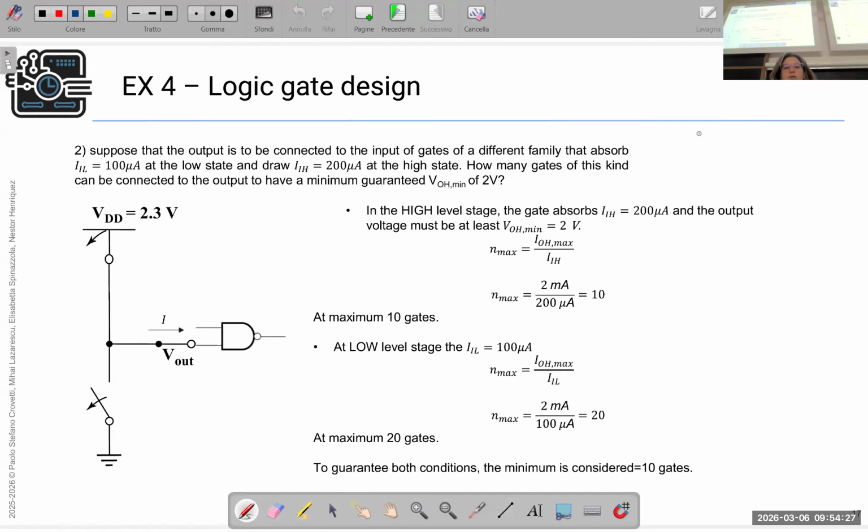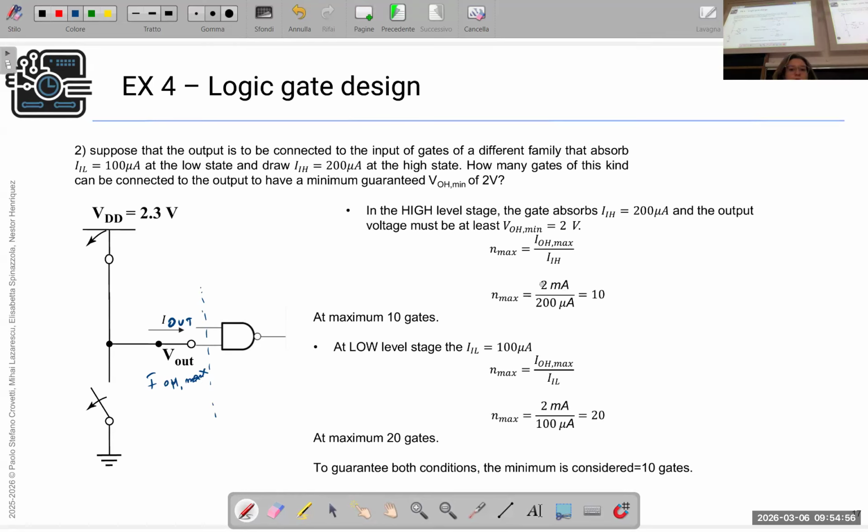In the last task, as we mentioned before, we have a total current that can go out, and so how many gates can we put here so that we respect the IOH max, sorry.